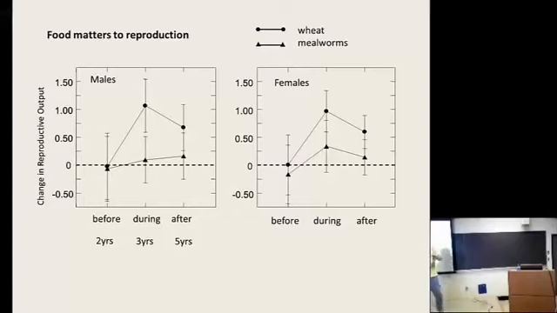So before we added food, there was no difference between colonies in terms of their reproduction on the basis of what experimental group they were going to be in the future. That's good. We added food for 3 years, and it changed reproductive output substantially, wheat at least. Then we stopped supplementing food, and we looked at their reproductive output for another 5 years.